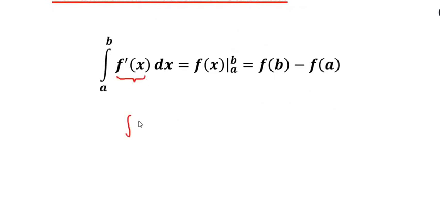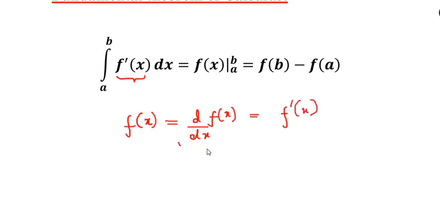So if f of x was a given equation, we have differentiated it with respect to x, and that has given us f dash of x. Remember, these are different ways of writing the differentiation. Sometimes they even give it as y dash, or y dash of x. So these are all different representations of differentiation.